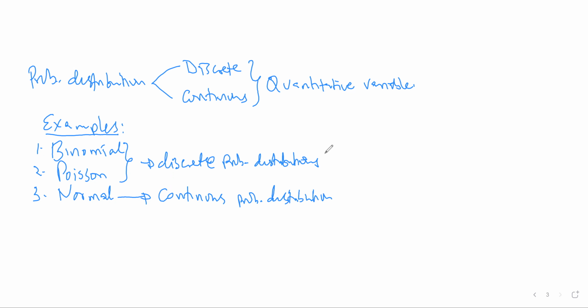One major distinction between discrete and continuous is that discrete probability distributions are based on discrete variables, and the random variable X takes exact values.